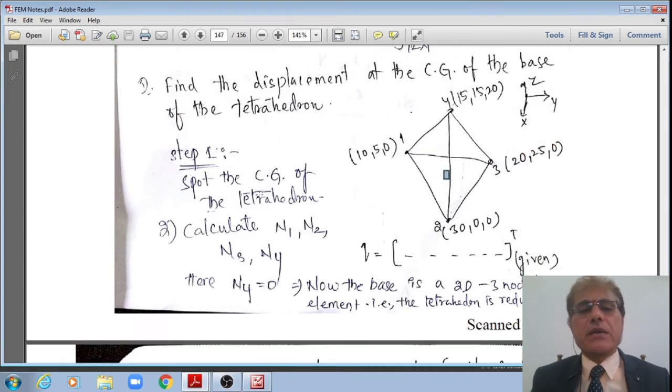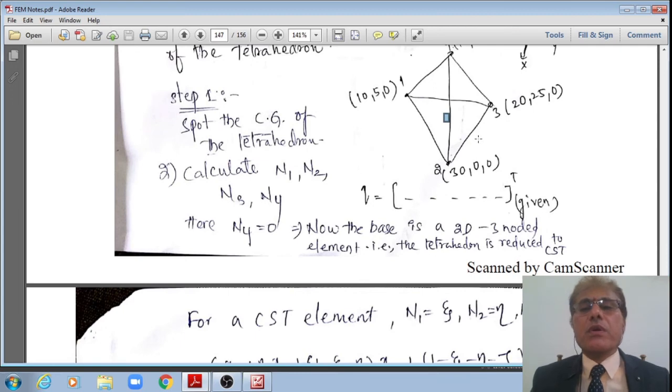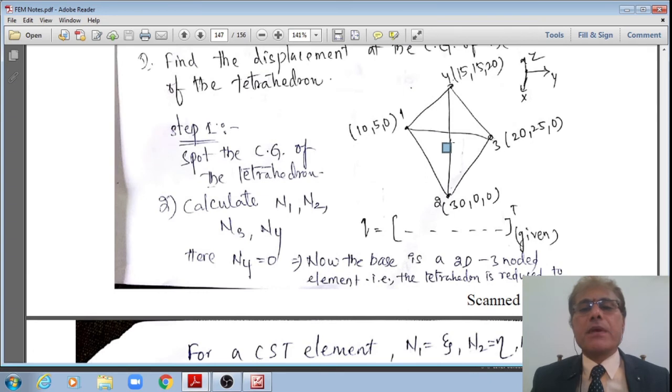That is the very first step, students. Once you locate the CG of this base, if the load is applied at the CG, obviously it will contribute a load of 1 by 3, 1 by 3, 1 by 3 to these three nodes.